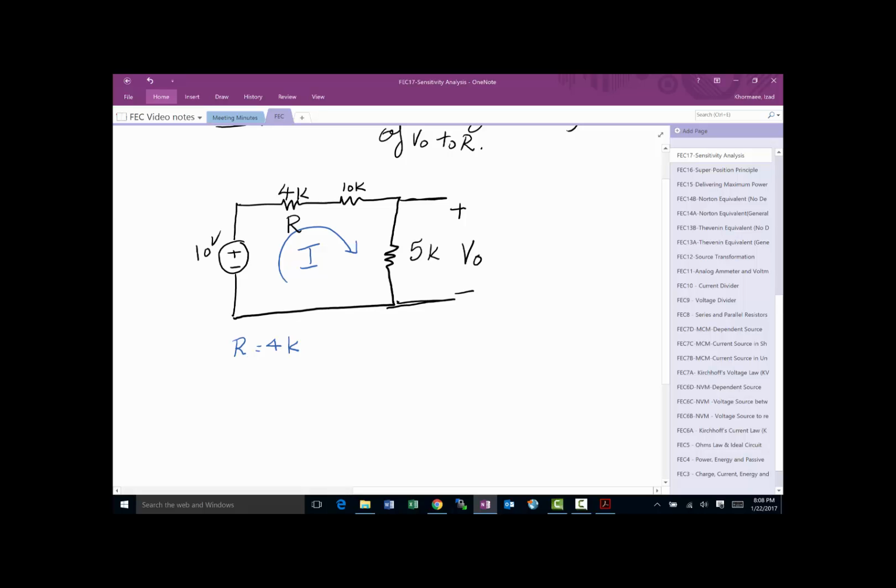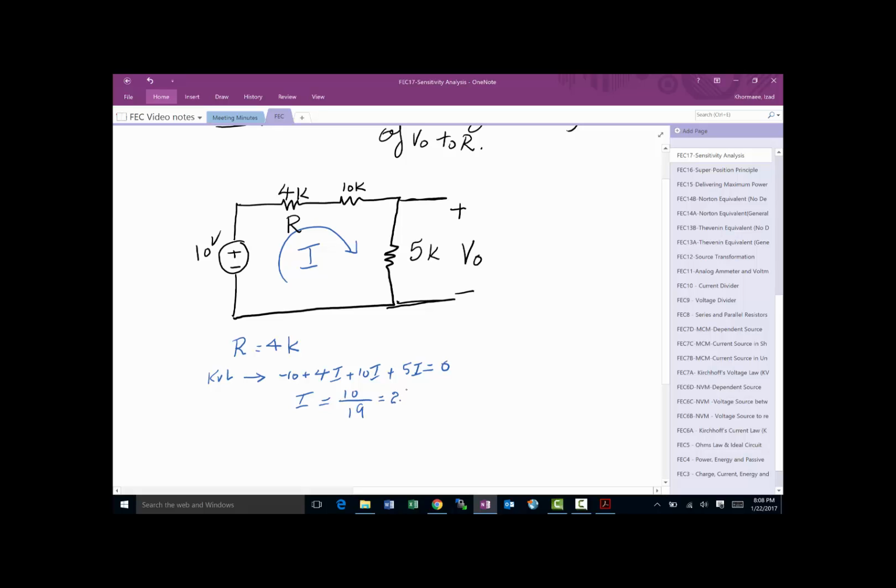Using KVL, we can write the equation minus 10 plus 4i plus 10i plus 5i equals 0, and therefore I is equal to 10 over 19, more or less.